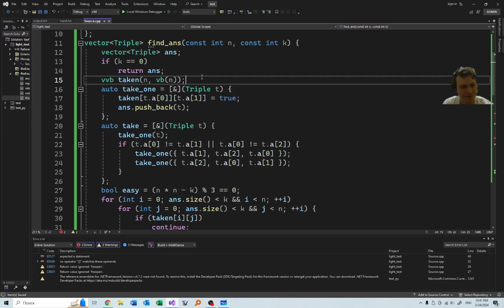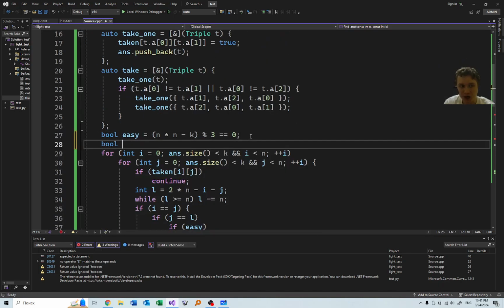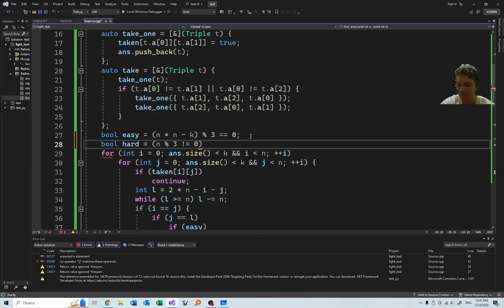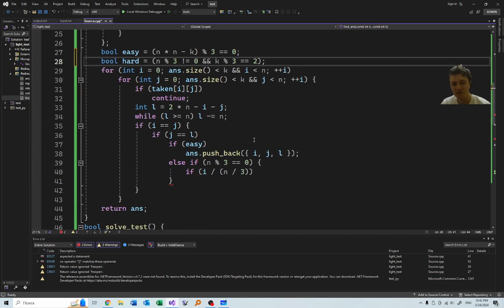We write bool hard equals, so n%3 is not 0 and k%3 is 2. This is a hard case.